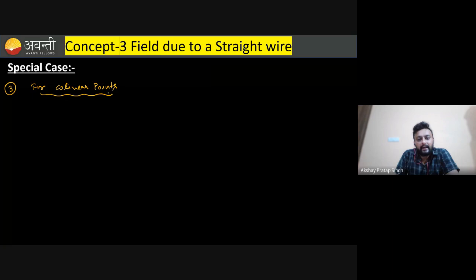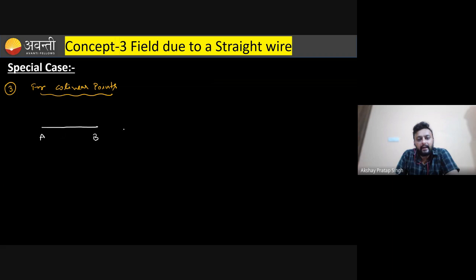What does it mean, collinear points? Have a look at that. For example, this is a wire AB of any length, semi-infinite, infinite, finite, whatever may be the length, but this is a straight wire.